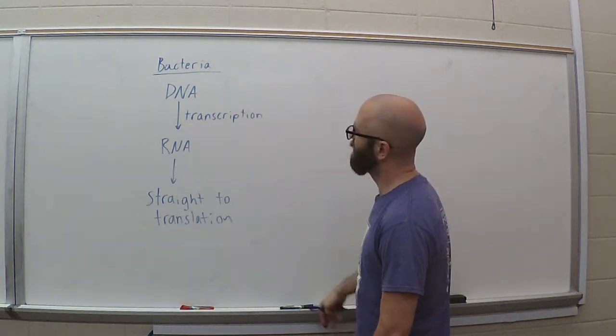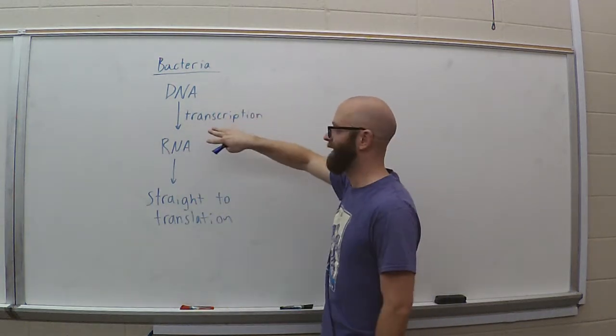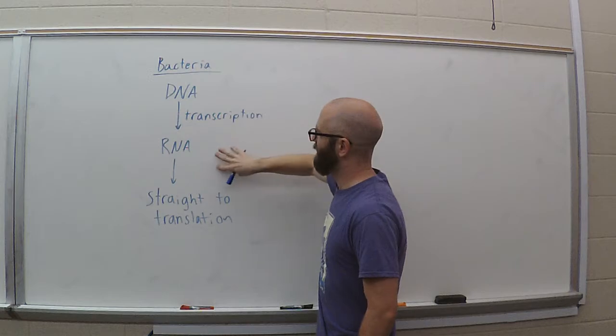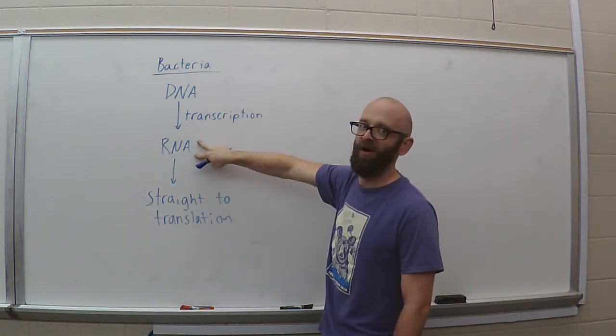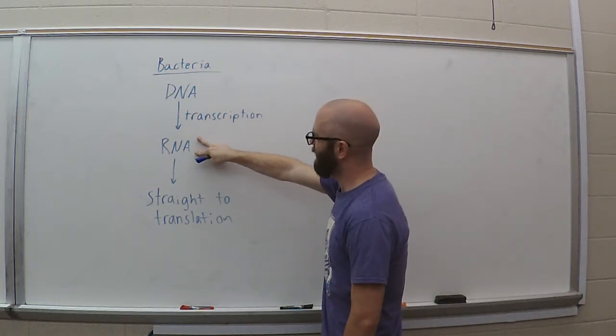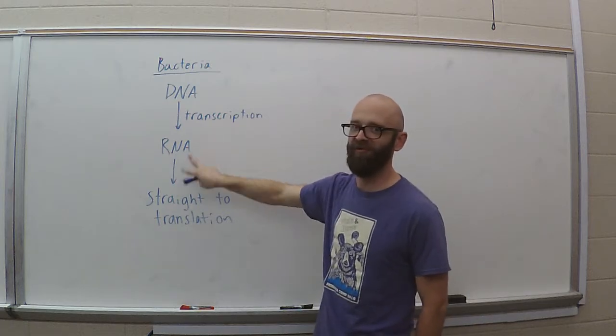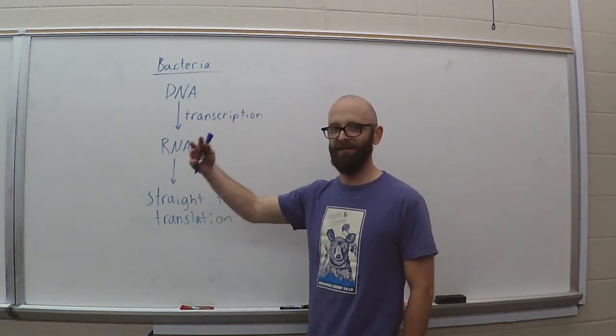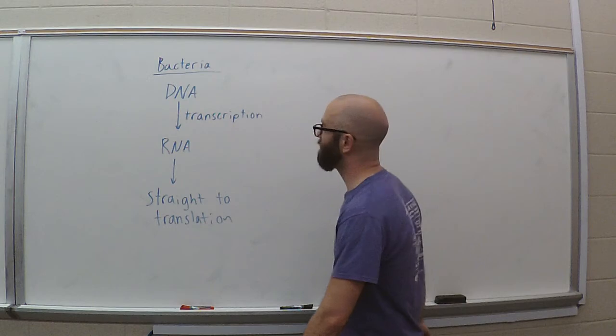So a copy of the DNA is made, an RNA copy of that DNA is made, and then that RNA copy can go straight to a ribosome, and it can be used as a blueprint to make protein.